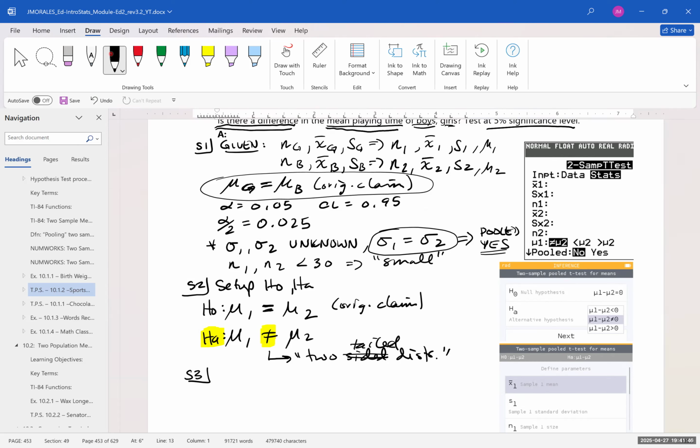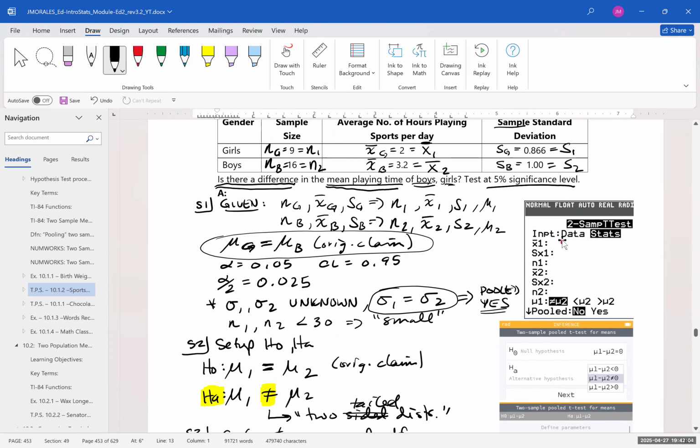All right, step 3 is now to calculate our t-test statistic, our p-value, and we'll need degrees of freedom as well. So what we need to do is put these values into our two-sample t-test. X bar 1 is 2, s1 is 0.866, n1 is 9.